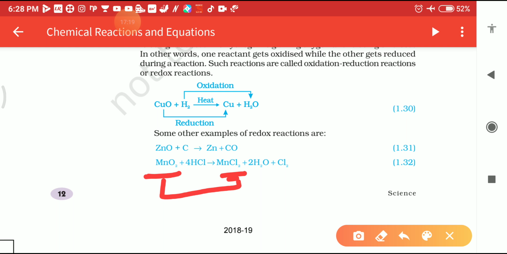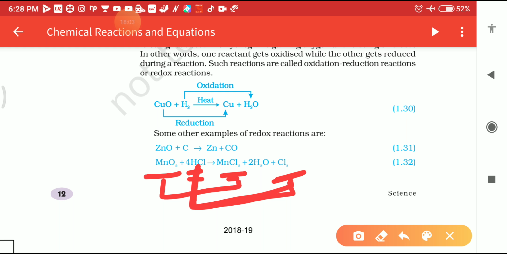Now, second point, you will see here hydrogen chloride. In the hydrogen chloride, hydrogen is losing, because chlorine is written here, so there is removal or losing of hydrogen to form chlorine. So hydrochloric acid is being oxidized to chlorine. Students, hydrogen is being removed here, so oxidation takes place.